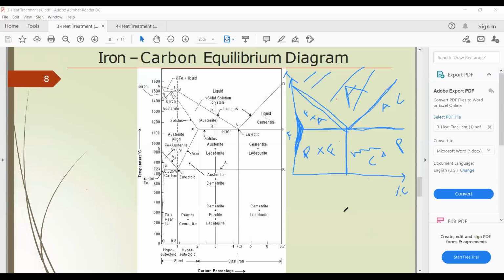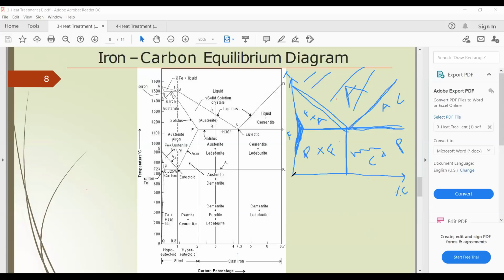Right? The other thing that is important: this horizontal line is called the critical temperature line, right? Because it does not depend on the percentage of carbon available.